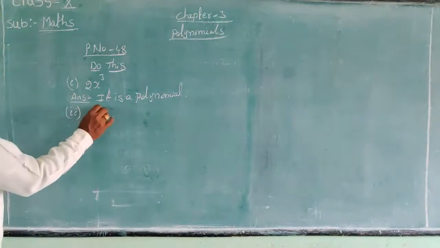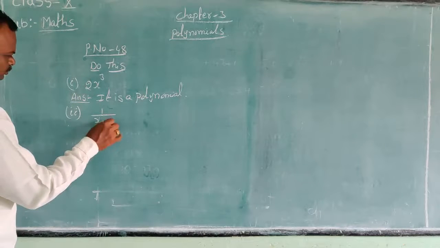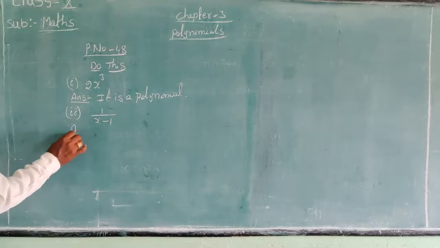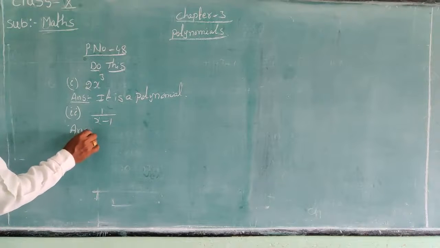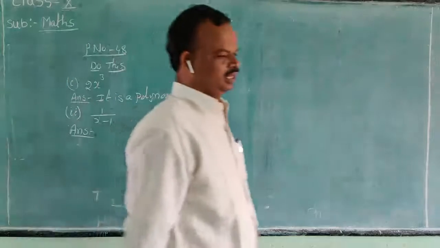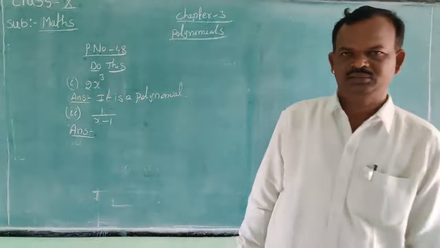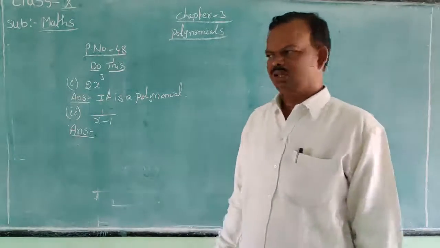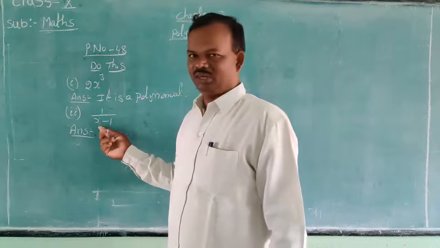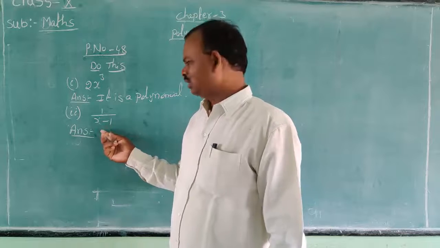x minus 1, is it a polynomial or not? It is not a polynomial, because the variable is in the denominator.